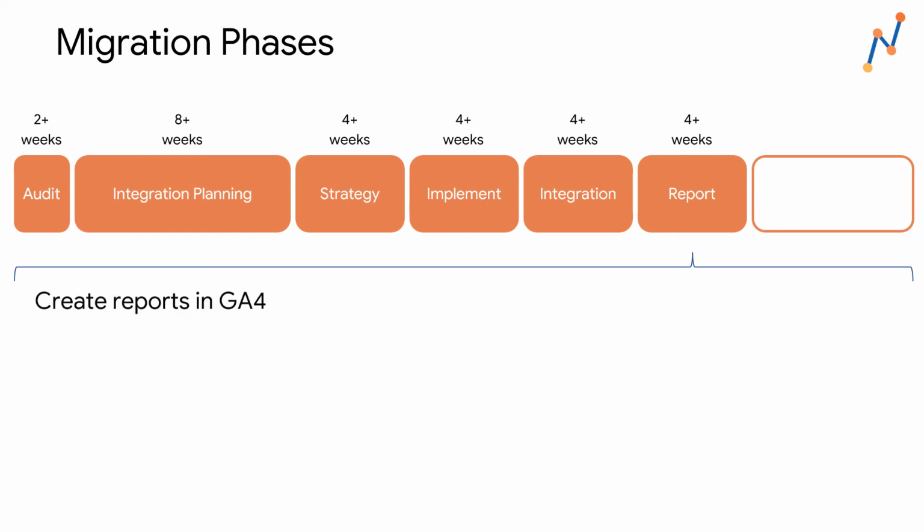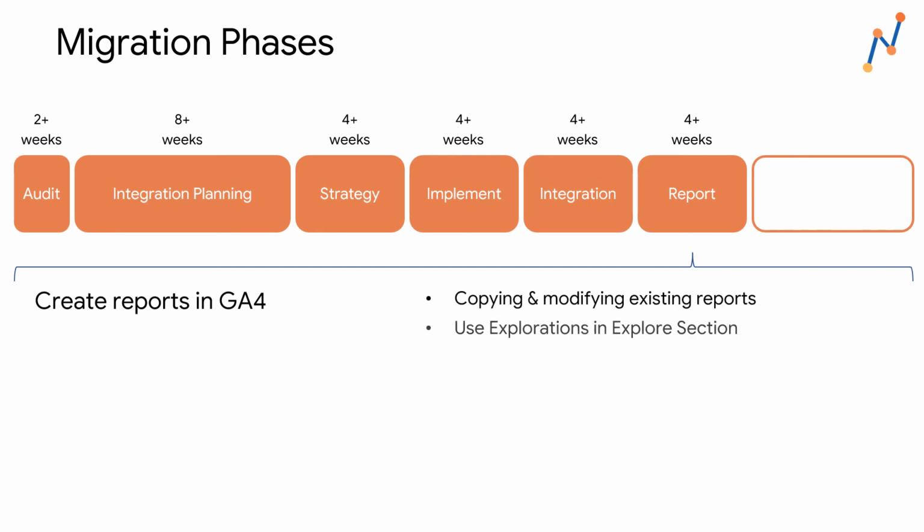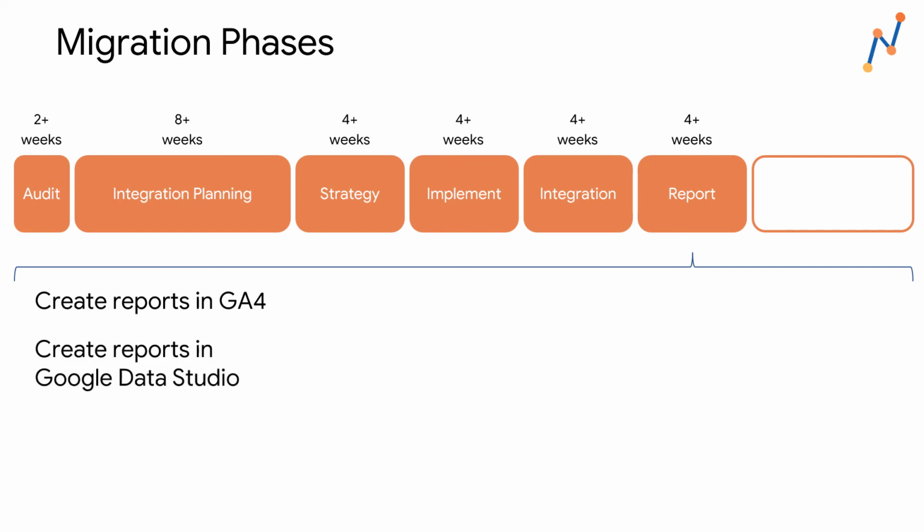This can be done by copying and modifying existing reports and using exploration in the Explore section of GA4. On the other hand, you could also use Google Data Studio to create beautiful and meaningful reports by connecting GA4 directly. Alternatively, you can also connect Google Data Studio to BigQuery once you've exported your GA4 data there.